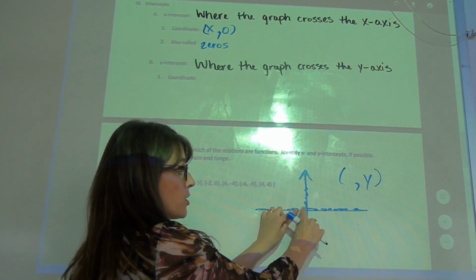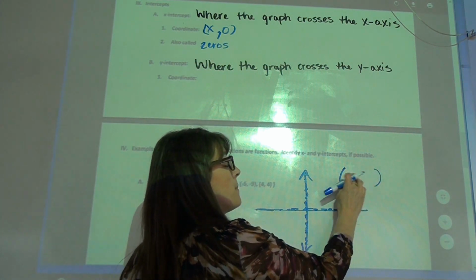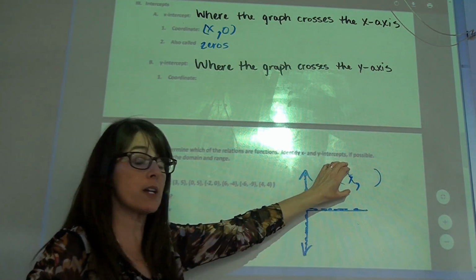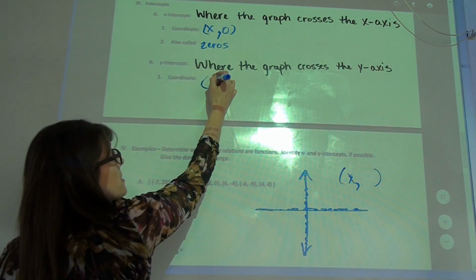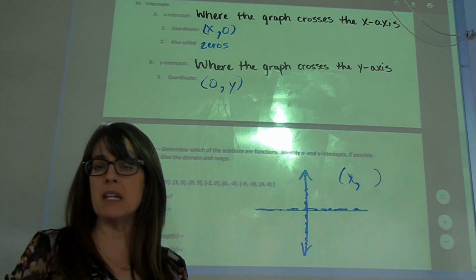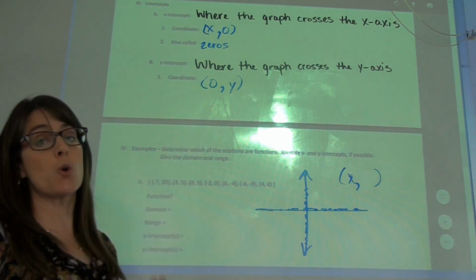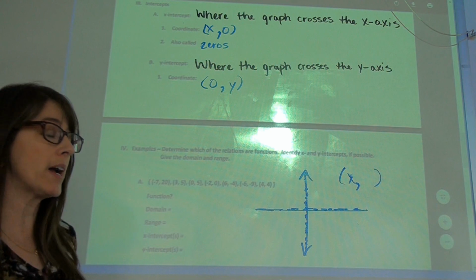Left or right movement is going to be along this x-axis, so that's going to be the x-coordinate. So whenever you have a y-intercept, because there's no movement, that means your x-coordinate is going to be 0. So my coordinate for my y-intercept is, let's make the x 0. Y can be anything. It could be positive, it could be negative, fraction, decimal, irrational number. But my x-coordinate will definitely be a 0 whenever I have a y-intercept.